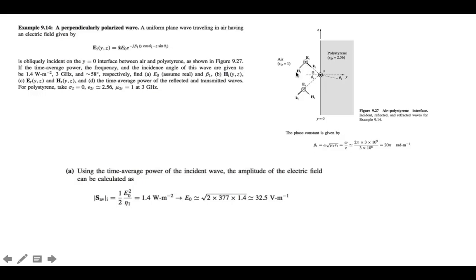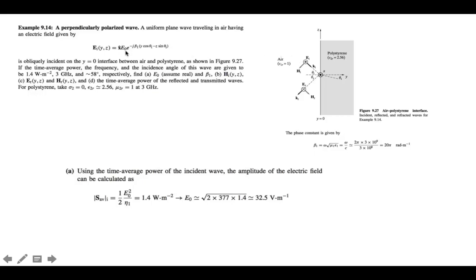So the coordinates have been flipped around where z is now in this direction, and the plane of separation between material 1 and material 2 is the y equals 0 plane. So E then is perpendicular here to the plane of incidence, so this is perpendicular polarization.